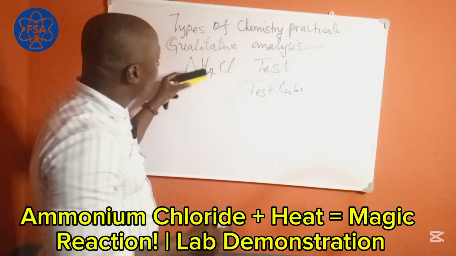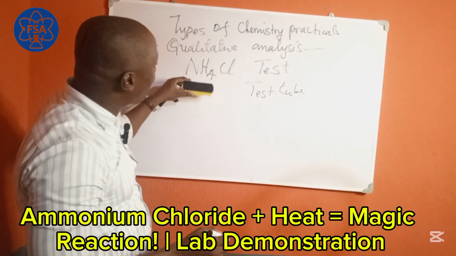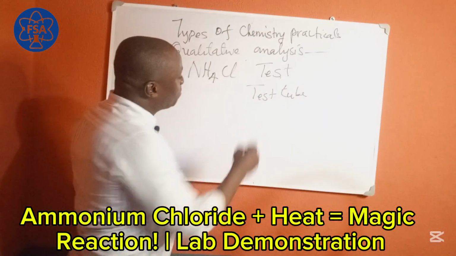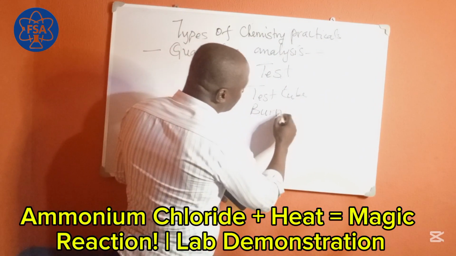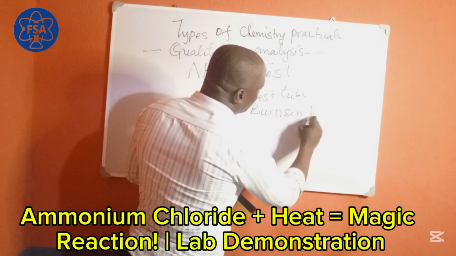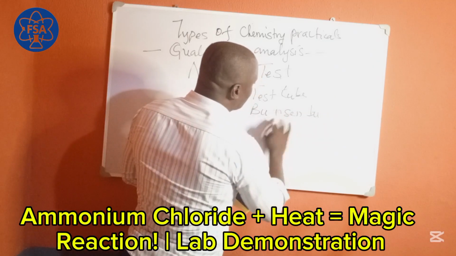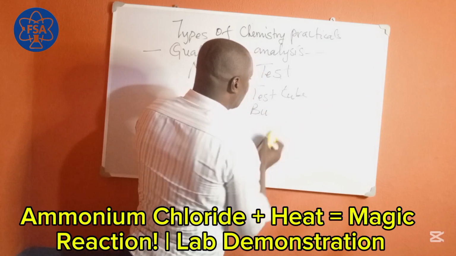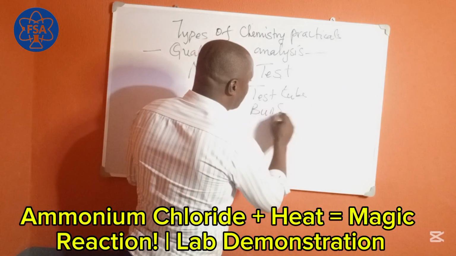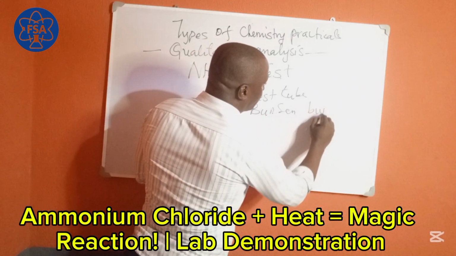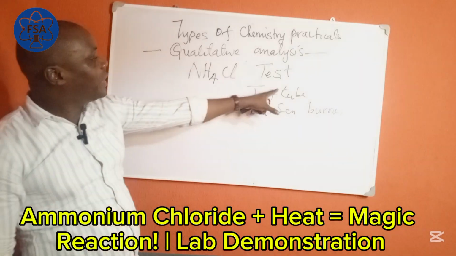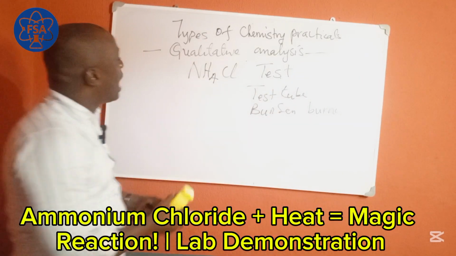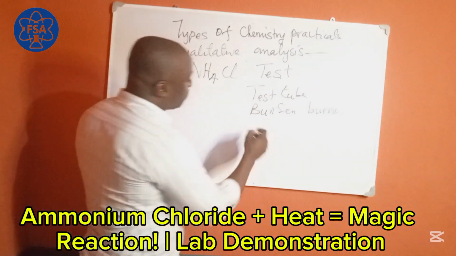On the first part, we are using a test tube, and you also use a Bunsen burner.